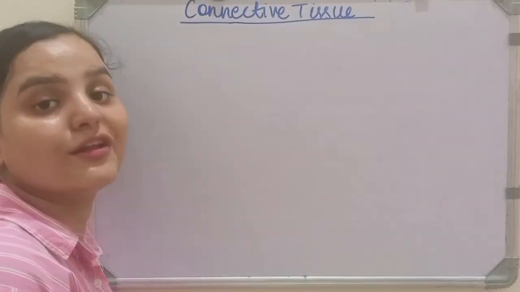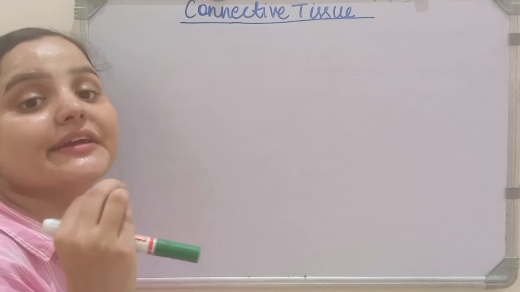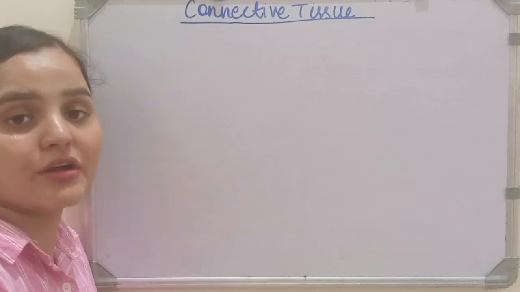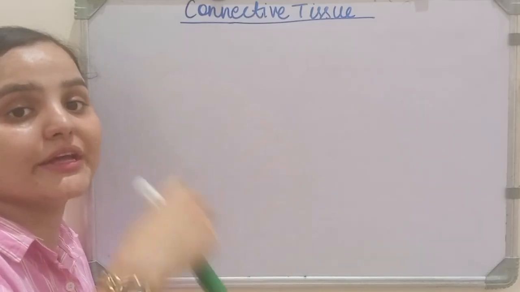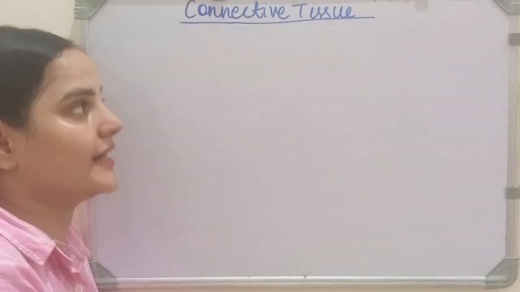Okay, now let's study about connective tissue. So what is connective tissue? Connective tissues are the tissues that connect or join one tissue with another tissue, or they join various organs keeping them in fixed position. So let's write it down.